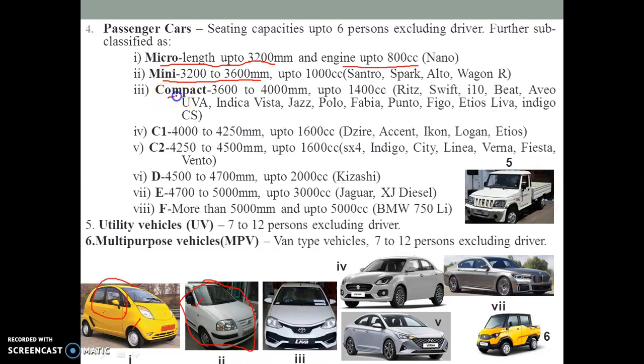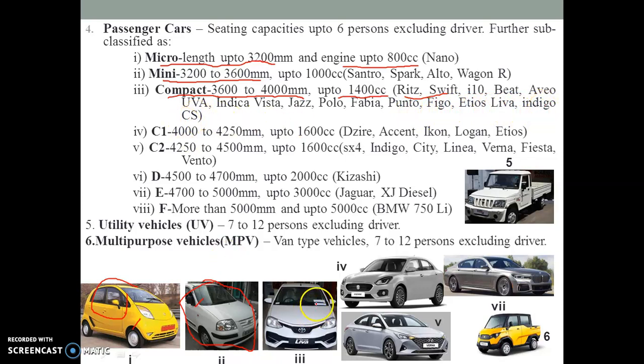Then next is compact, which has more length, more than 3600 to 4000 mm. Its engine capacity is also more, up to 1400 cc. The cars are Ritz, Swift, i10, Beat, Aveo, Indica Vista, Jazz, Polo, Fabia, Punto, Figo, Etios Liva, Indigo CS.